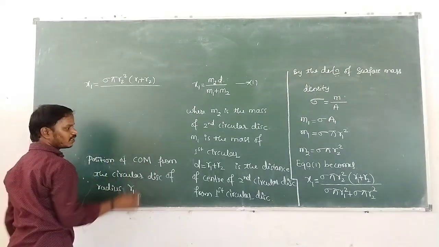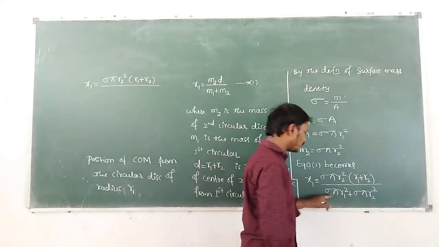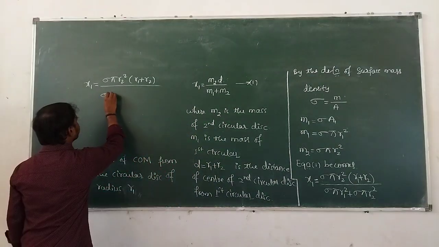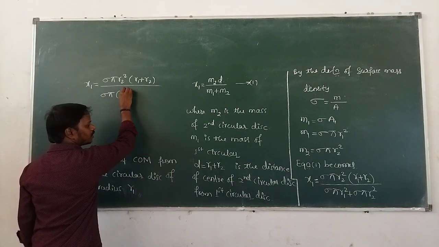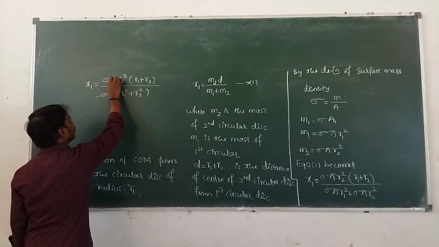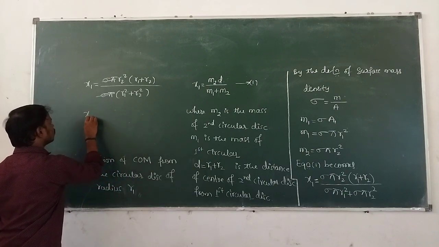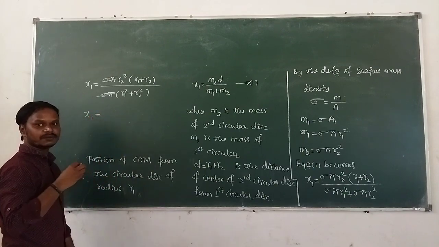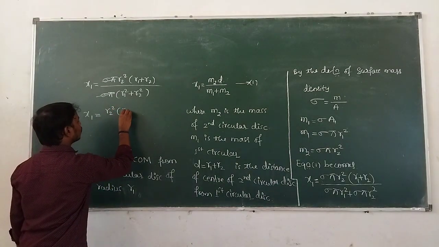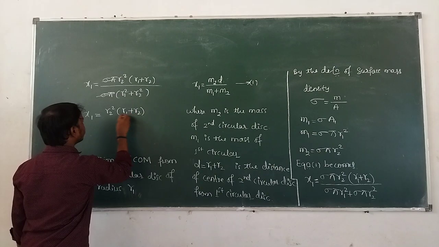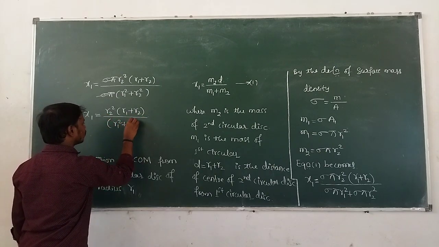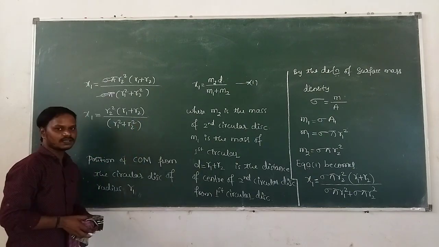What is common in these two? Sigma pi is common. I will take sigma pi as common. Then it is r1 square plus r2 square. Then sigma pi gets cancelled. Now the position of the center of mass from the first circular disk is r2 square into r1 plus r2 divided by r1 square plus r2 square.